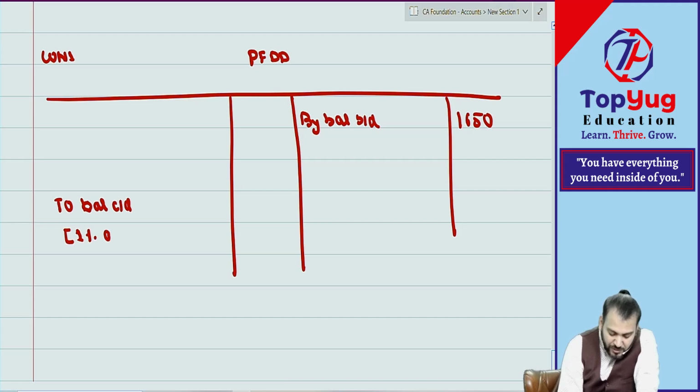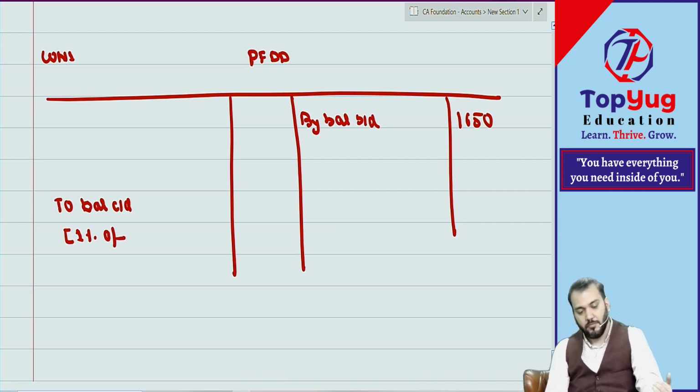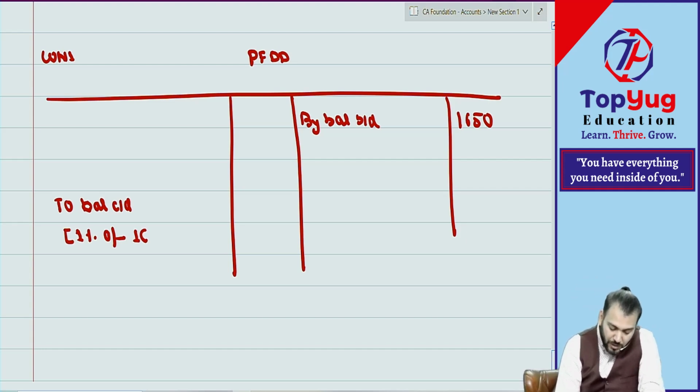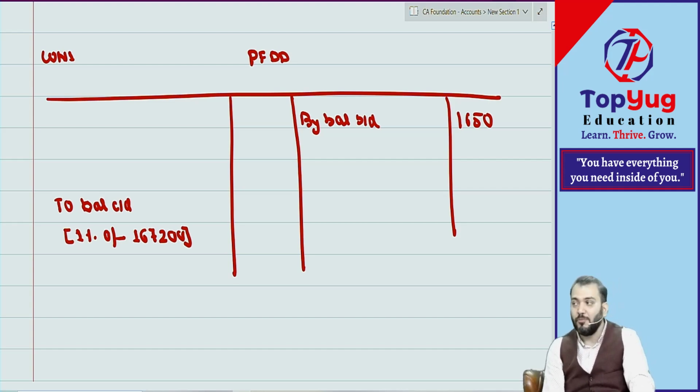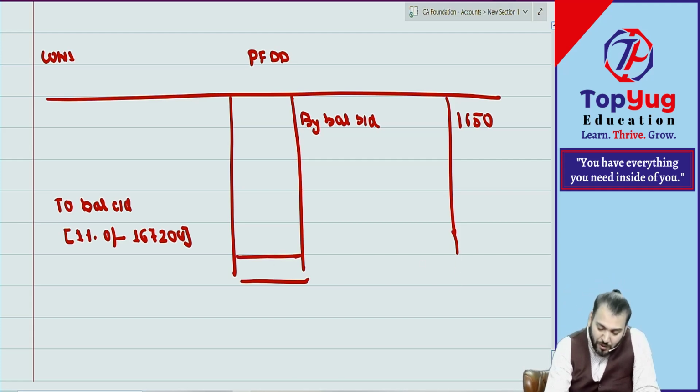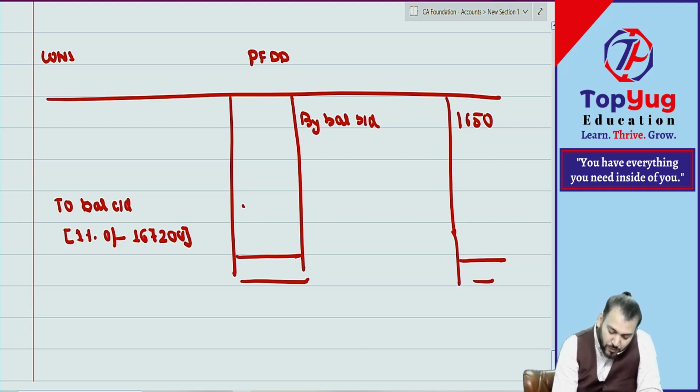So what is the sales? 1,67,200. Normally it is created on closing debtor, but in this question they have given sales, so we'll respect the information given in the question. Correct now? 1% of this is coming how much? 1,672.